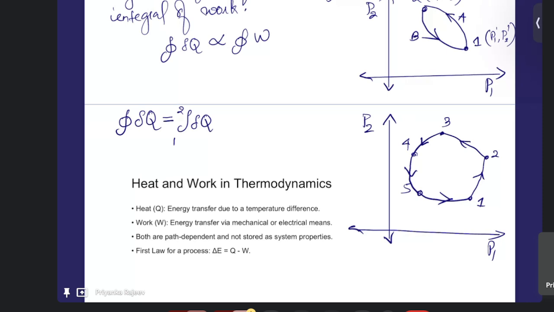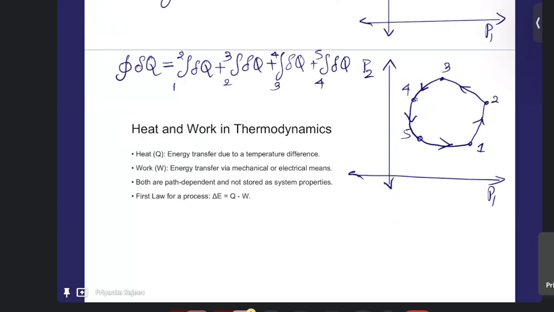So you take it along the path from 1 to 2, plus from 2 to 3 delta Q, then the integral from 3 to 4 plus the integral of delta Q from 4 to 5. So this entire thing gives delta Q over the entire cycle. The cyclic integral is given by the individual path integrals of delta Q.